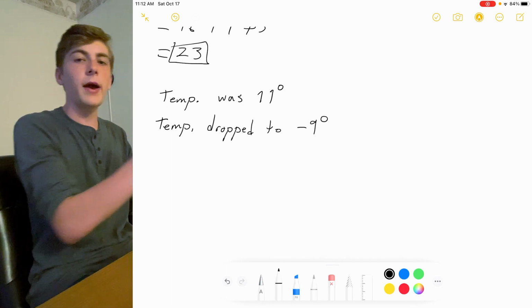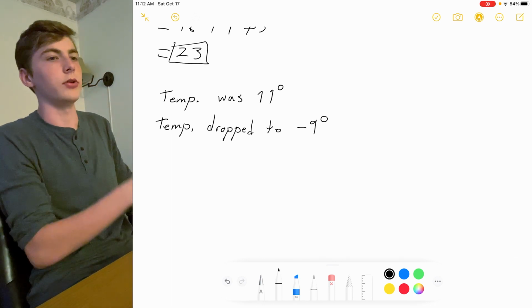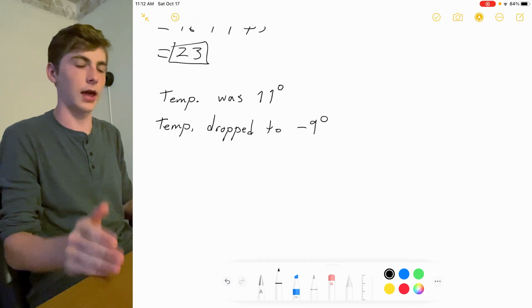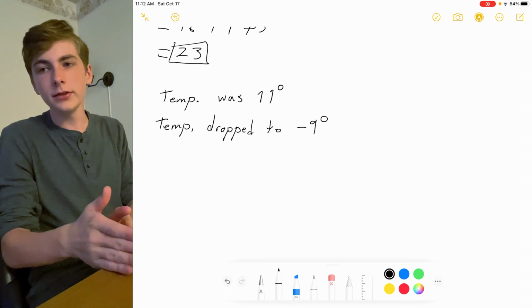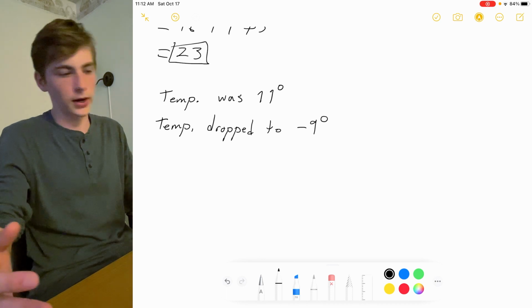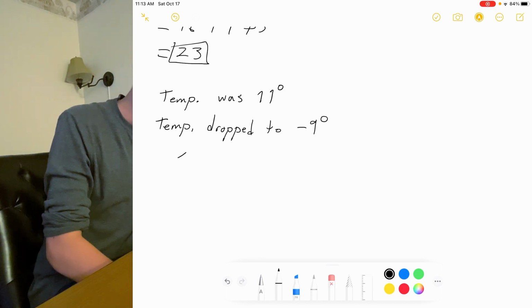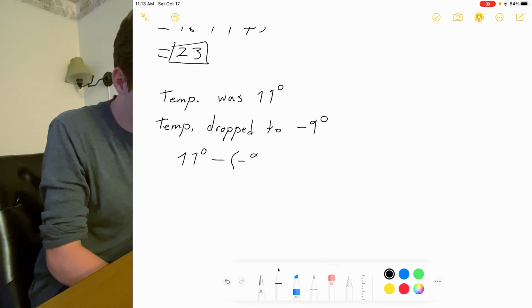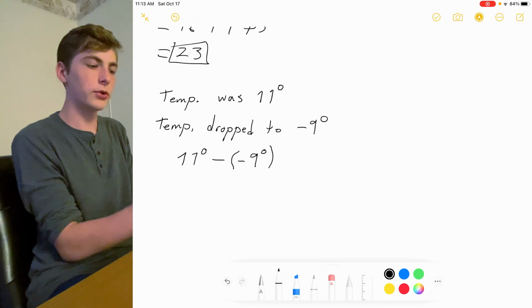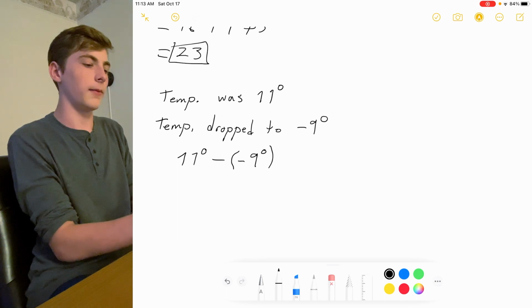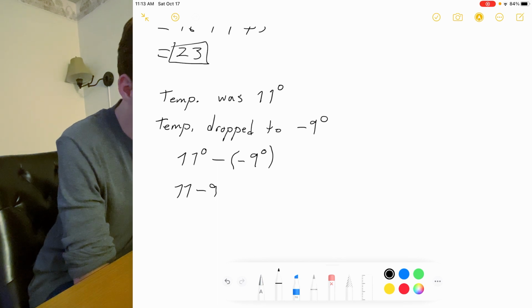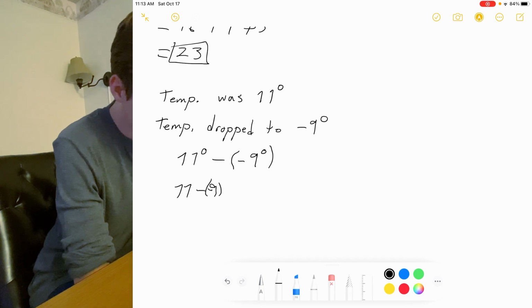If we think back to what we learned last time about putting expressions into words, you might remember the difference is the same as subtraction. So all we're going to say is 11 degrees minus -9 degrees. We have to put that in parentheses, so we can't just say 11 minus 9, because we have that -9.